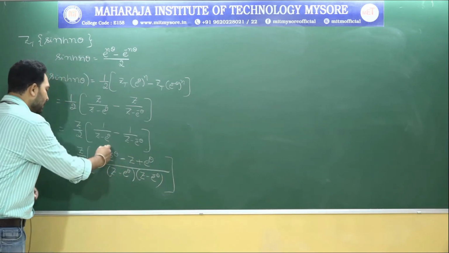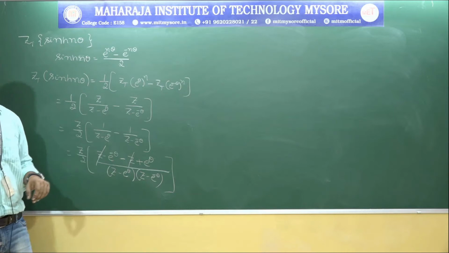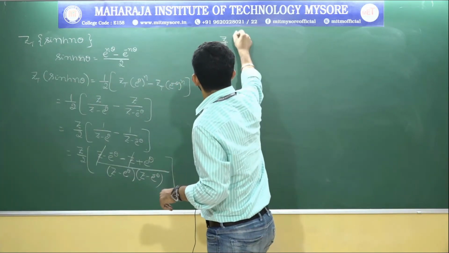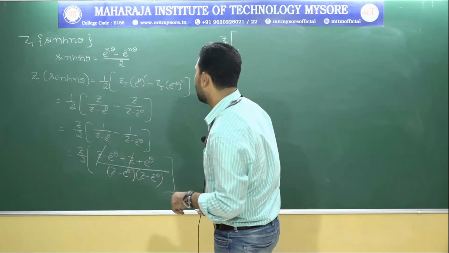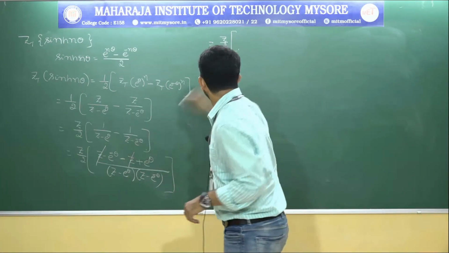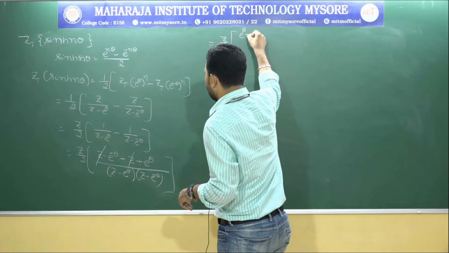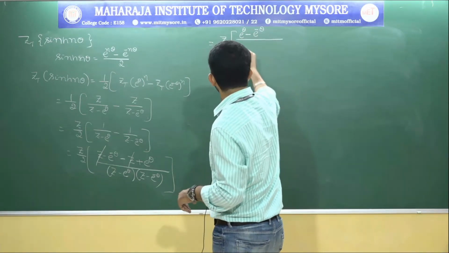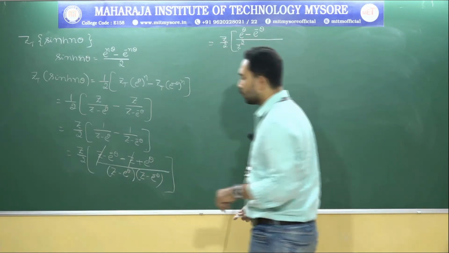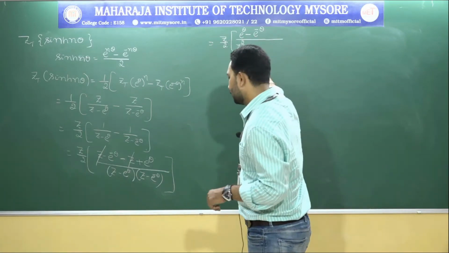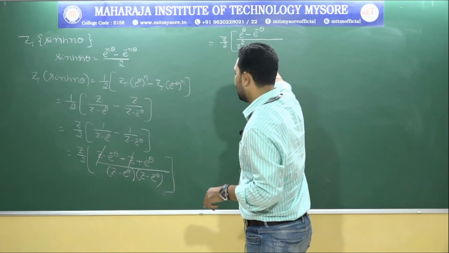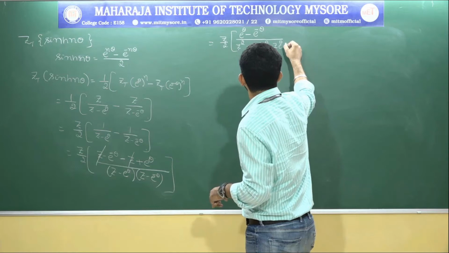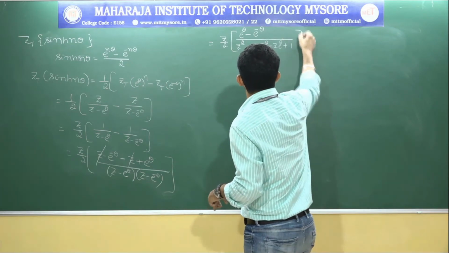Z minus z will get cancelled. So we will remain with z by 2 into e power theta minus e power minus theta overall divided by z square minus z into e power minus theta minus z into e power theta plus 1.